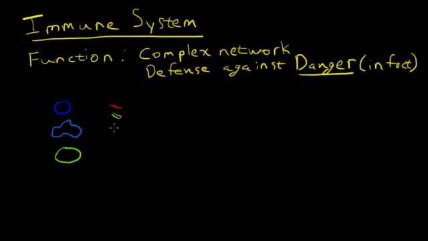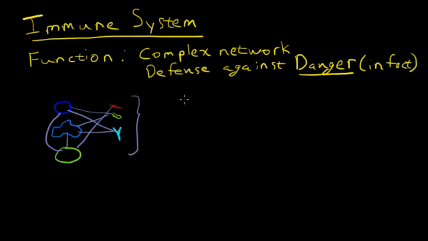We'll put one here that looks like this Y shape. That's called an antibody. And by interacting with one another, maybe a cell producing an antibody or another protein, and the cells influencing and talking to one another, they create emergent behaviors that carry out this function of defense against danger.